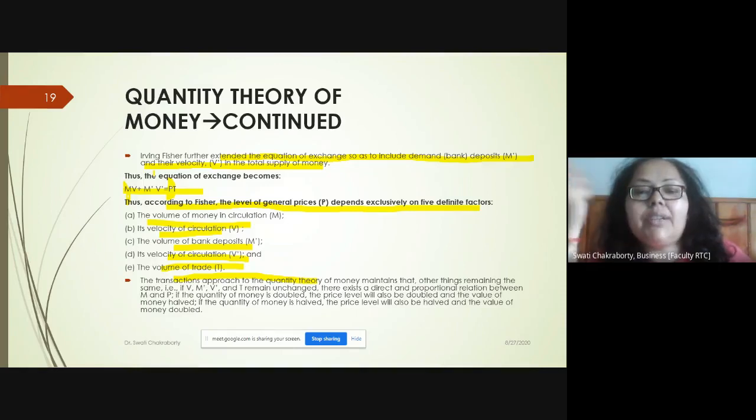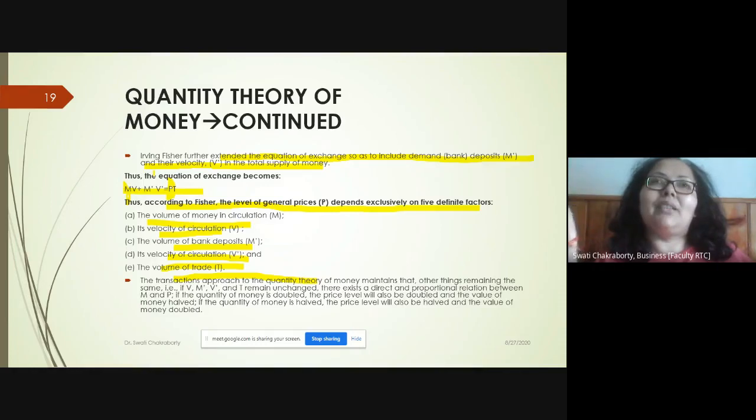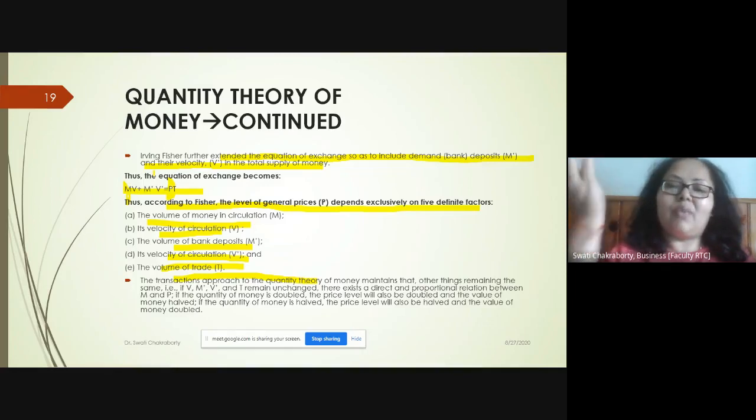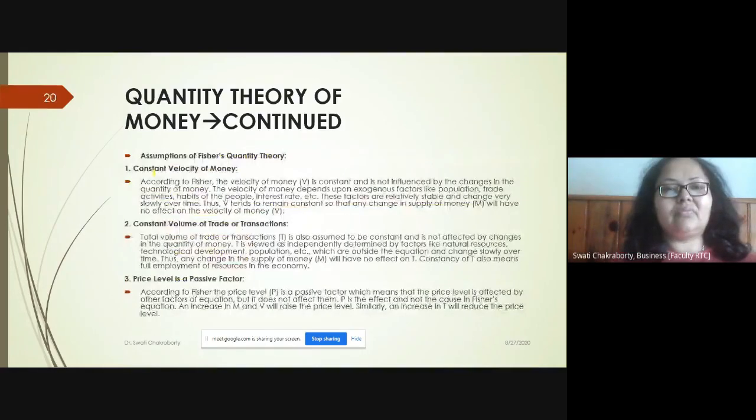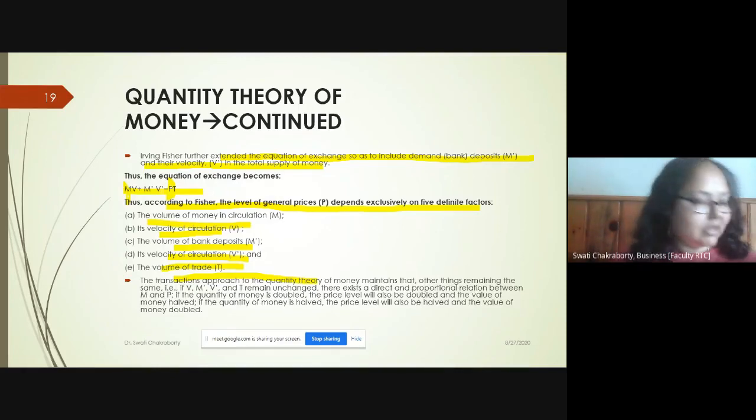And if the quantity of money is halved, the price level is also halved and the value of money gets doubled. Price falling means purchasing power increases: with the same money you can now purchase much more, so the value increases. So the equation is not affected by the bank deposits. It still remains the same.